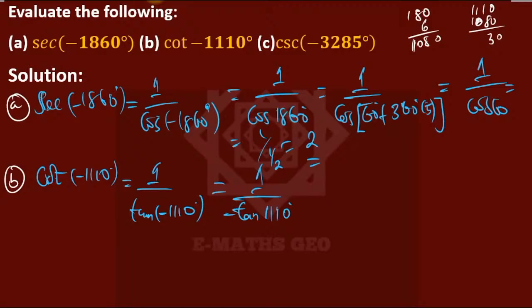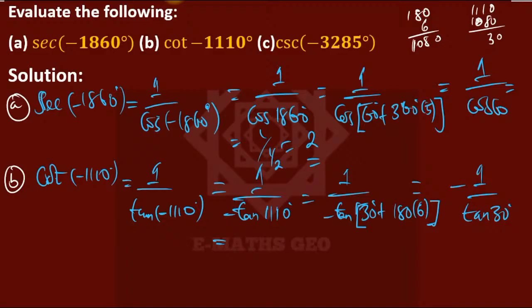So now we can partition this as 30 plus 180 times 6 using our periodic identity. So this is just tan 30, and tan 30 is 1 over root 3. So the answer is minus root 3. So do you see we are solving without a calculator? Even if you use your calculator, you still get the same answer.